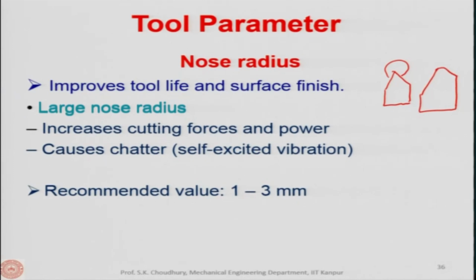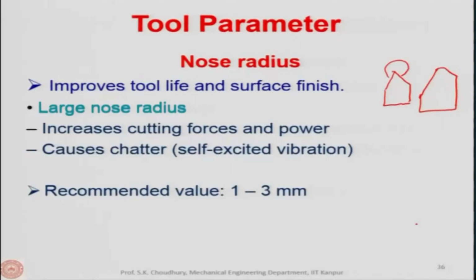I told you in the last discussion session that when we discuss the chapter on surface finish, I will tell you how the surface finish improves when the tool nose radius is given. So, it improves the tool life and the surface finish.